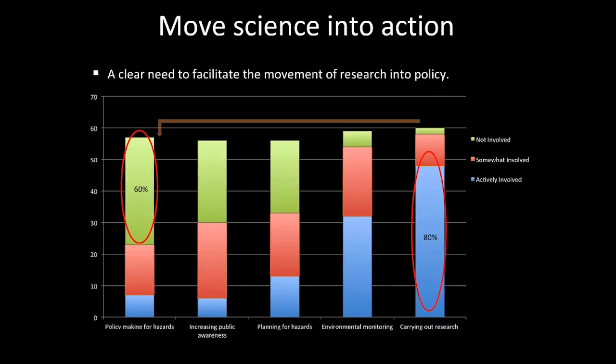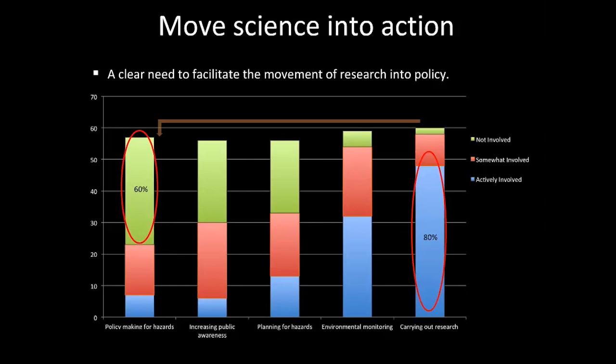So we found this to be a very important gap because those involved in research feel that they're not involved or connecting to policy bodies, and in order to make these science products more known to users in hazards and emergency management, it does have to move out of the scientific realm.